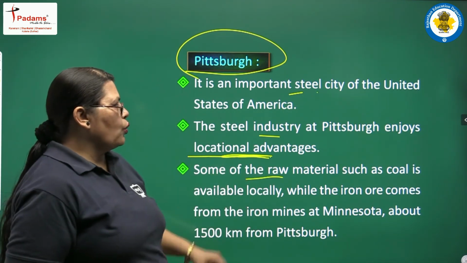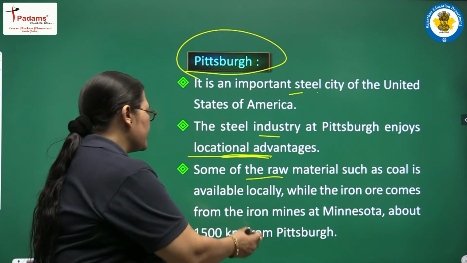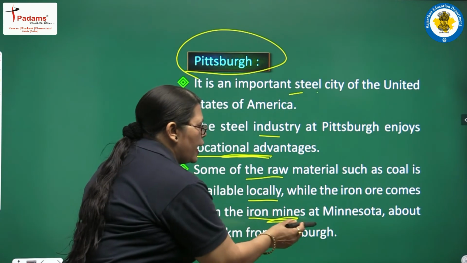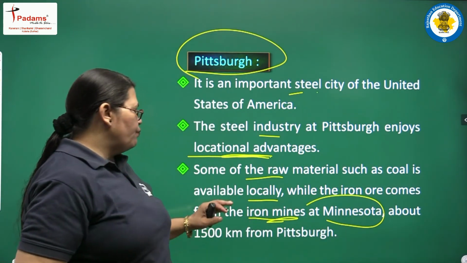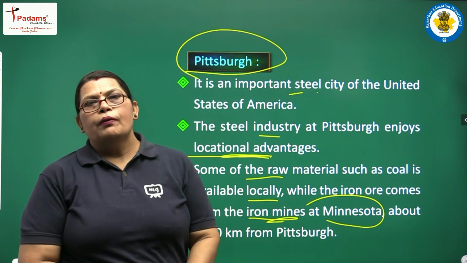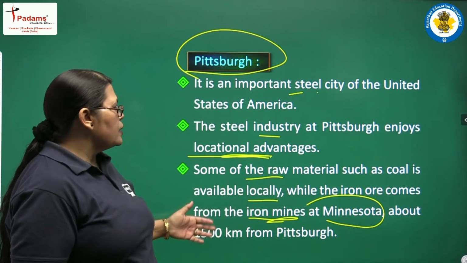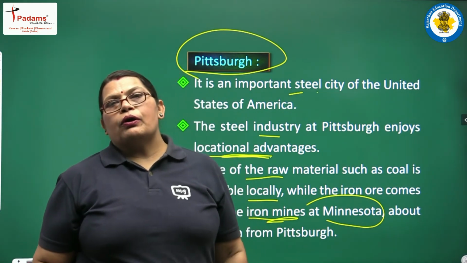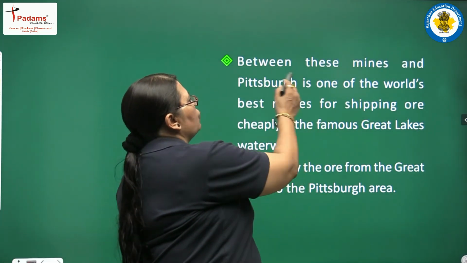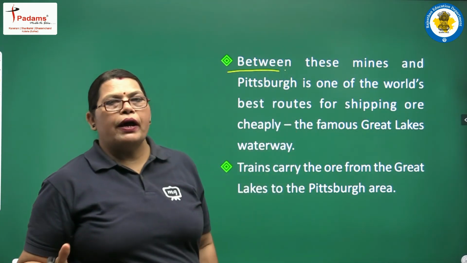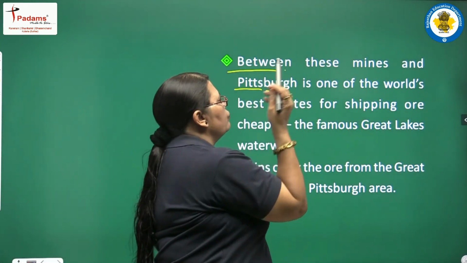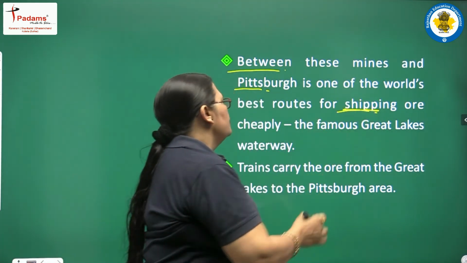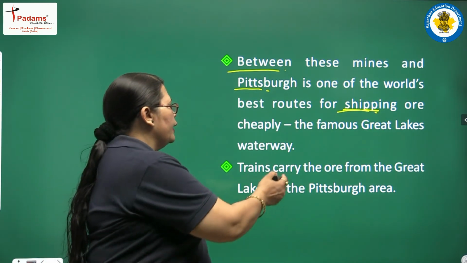See, some of the raw materials such as coal are available locally, while the iron ore comes from the iron mines at Minnesota, about 1500 kilometers from Pittsburgh. It means raw materials, coal and iron ore, are all nearby in terms of availability. Between these mines and Pittsburgh is one of the world's best routes for shipping ore cheaply, the famous Great Lakes waterway.